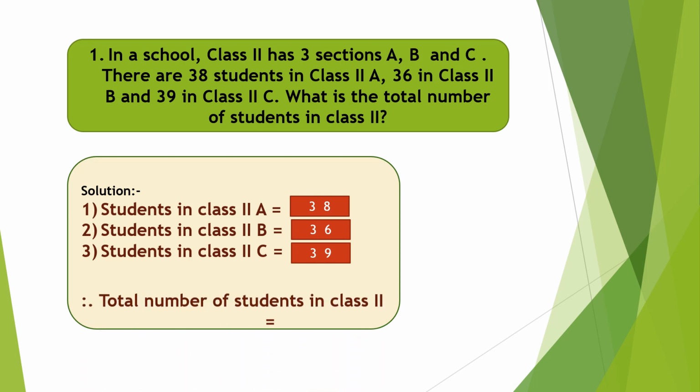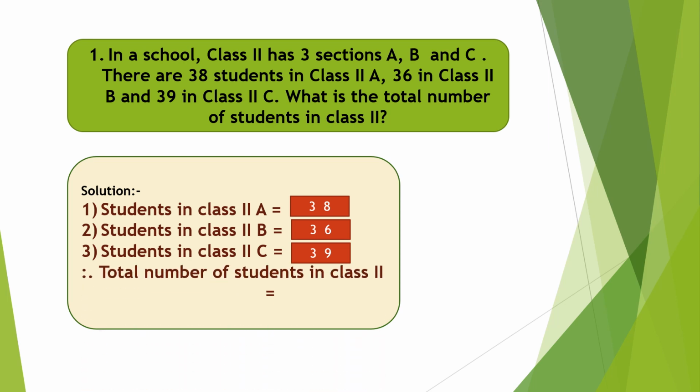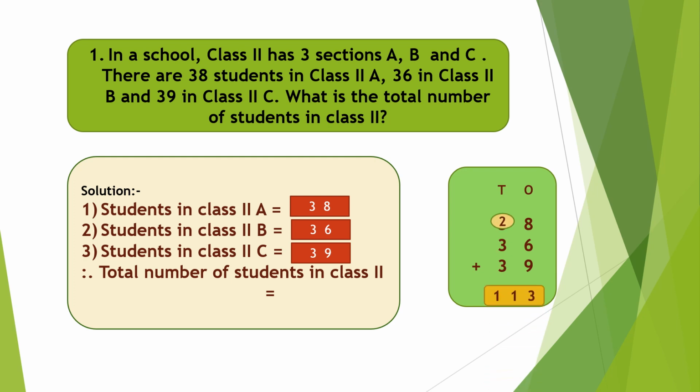So, therefore, total number of students in class second. So, what we need to find out? Total number of students. So, draw a solution box, write 38, 36 and 39. Add them. What is your answer? 113. So, therefore, total number of students in class second equals to 113.